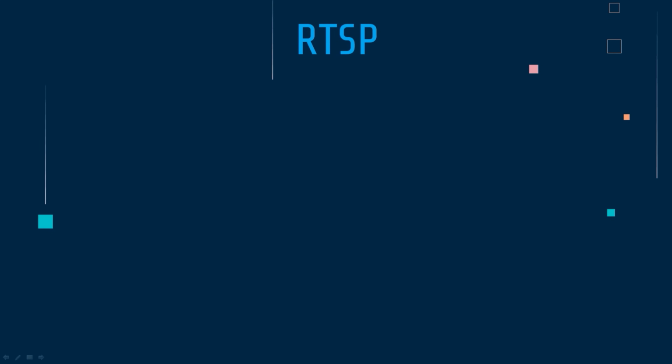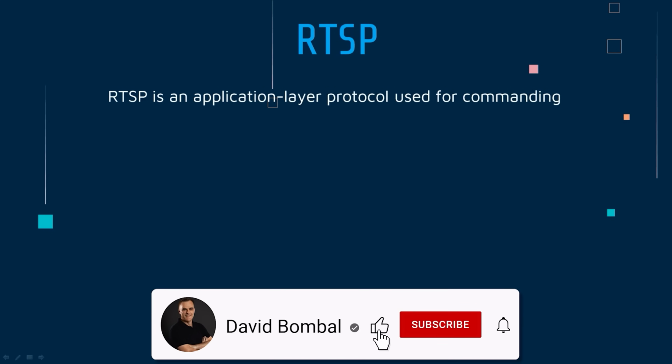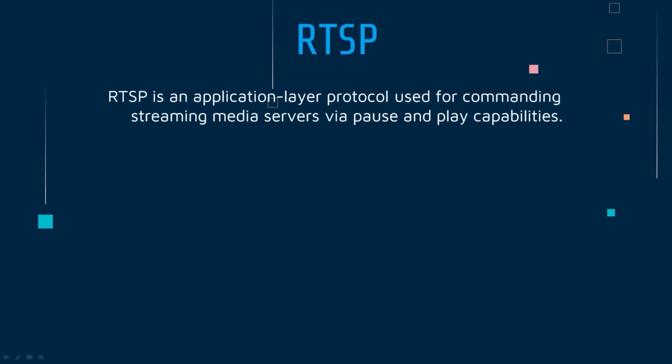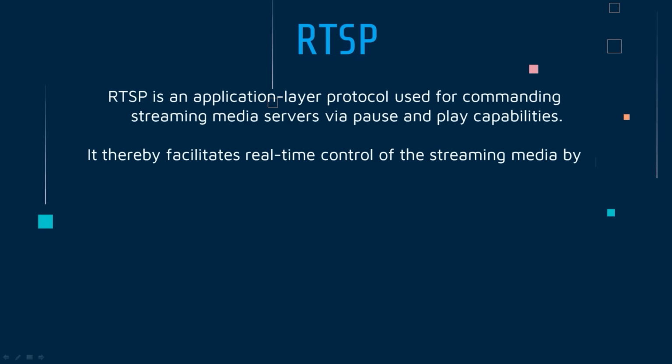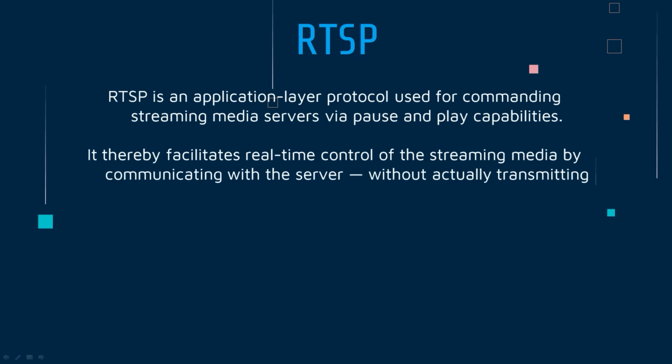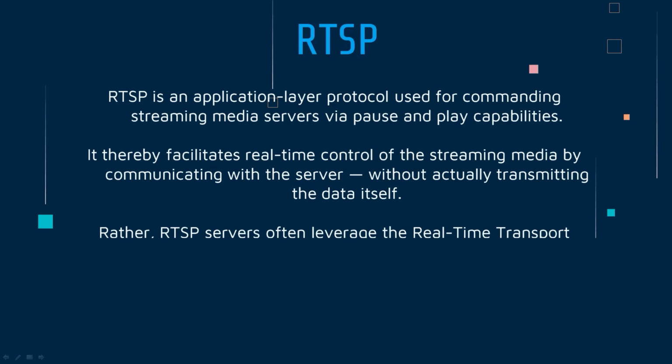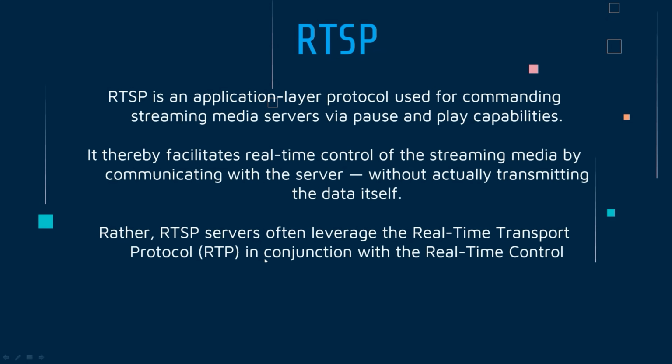RTSP is an application layer protocol, layer 7, for commanding streaming media servers via pause and play capabilities. It facilitates real-time control of the streaming media by communicating with the server without actually transmitting the data itself. Rather, RTSP servers often leverage the Real-time Transport Protocol in conjunction with the Real-time Control Protocol to move the actual streaming data.